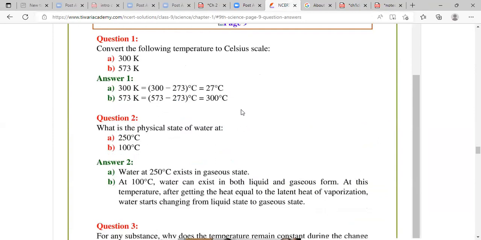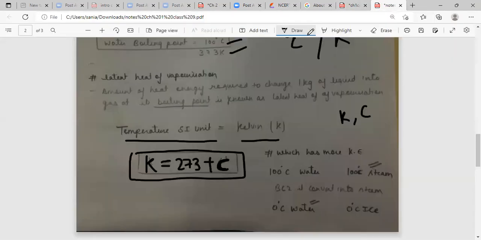Ma'am, the temperature of the liquid was 15, then 25, it was rising. After 100, if it is more than 100, then the water will always be in the gaseous state, right? But if it is less than 0 degrees Celsius, then the physical state of water will be solid, right? Yes, ma'am. I hope it's clear. If you check this, see the answer.